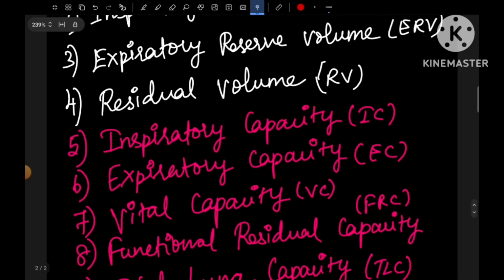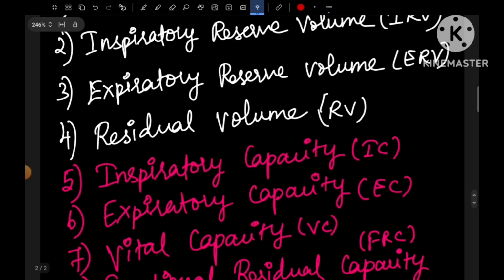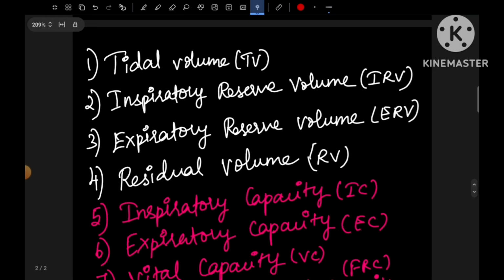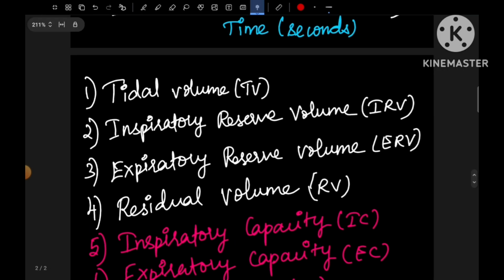Okay, now these are the combined volumes. The combined volumes are just formulas, but let's see the basic volumes first. These are formulas which I will be writing. So first let's see the volume of air of each of the basic volumes mentioned here.